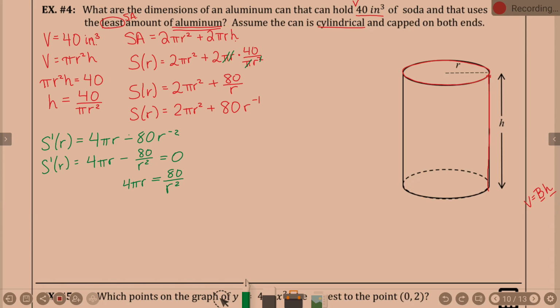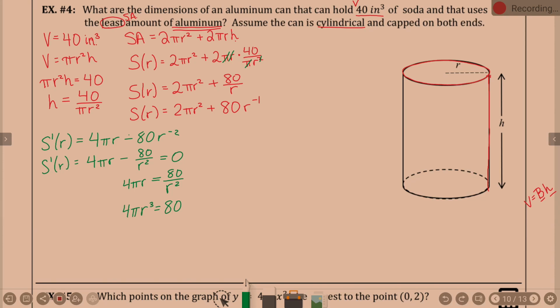What do we solve for? We have r we're trying to solve for. What'd you say? Multiply by r squared. Okay, to get r squared out of the denominator, multiply by r squared. So then we're going to have 4 pi r cubed equals 80. Divide by 4 pi, get it all done in one piece.